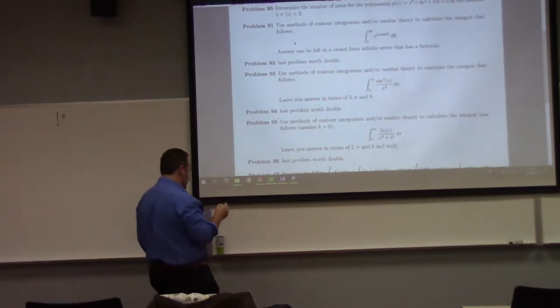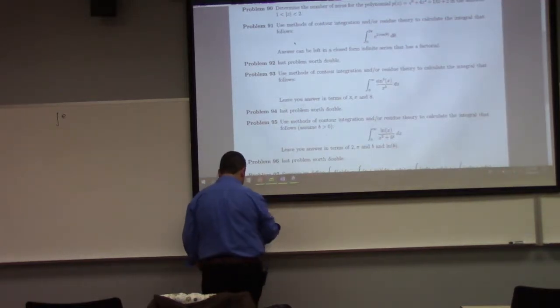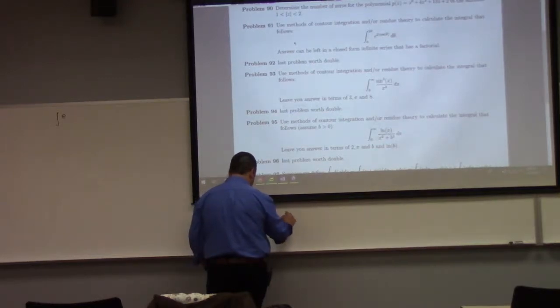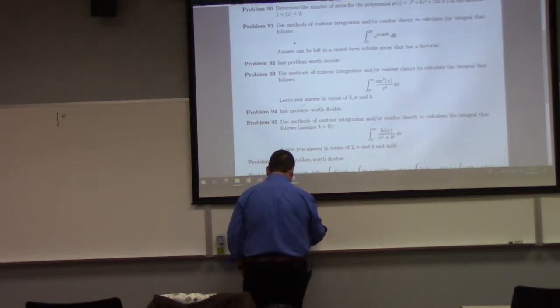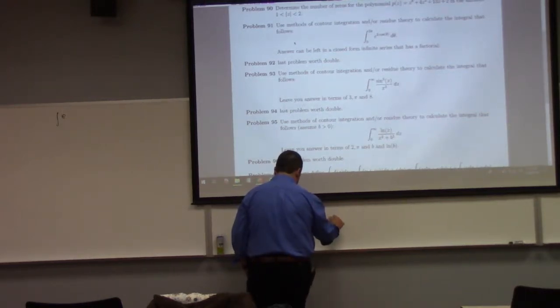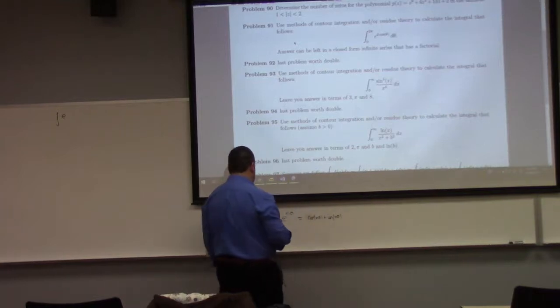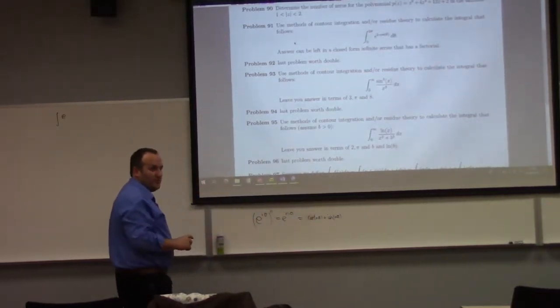Let's see here. How to go e to the i theta is equal to e to the n i theta. Yeah, I mean, we know that. Well, that doesn't help me, does it? I mean, I'm thinking de Moivre's theorem.